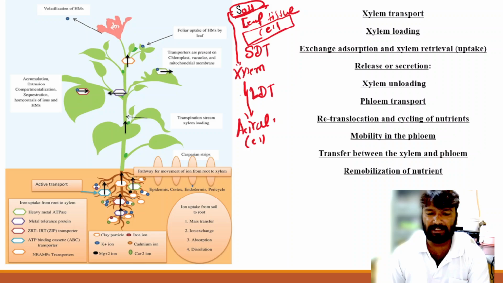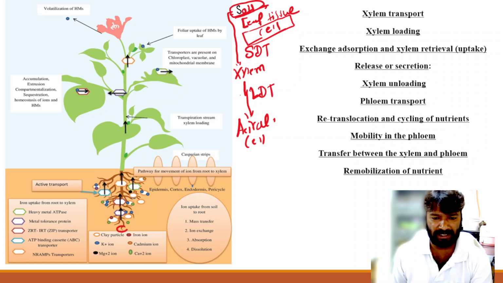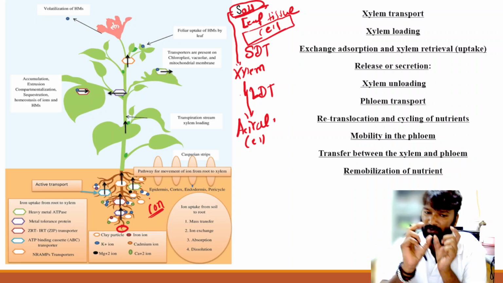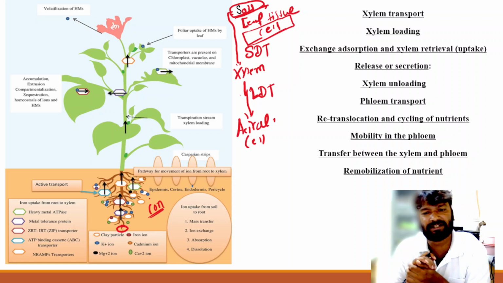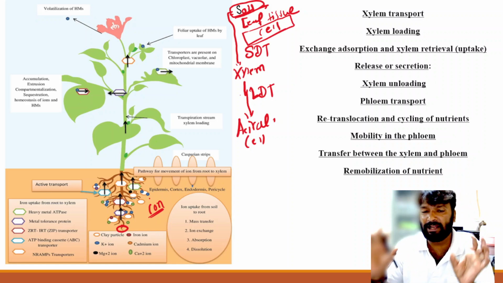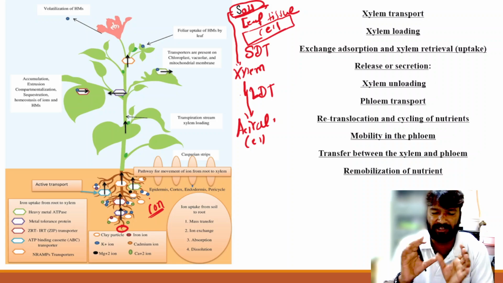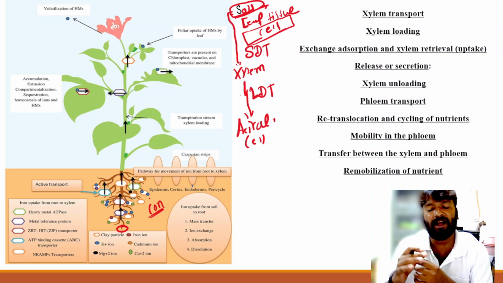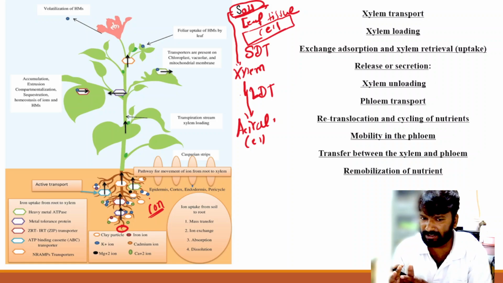Okay, so in the last class we discussed that the nutrients are first present in the form of ions in the soil solution. Then they reach the root and first interact with the root cell walls, where there is a formation of apoplasmic free space or the Donnan free space.